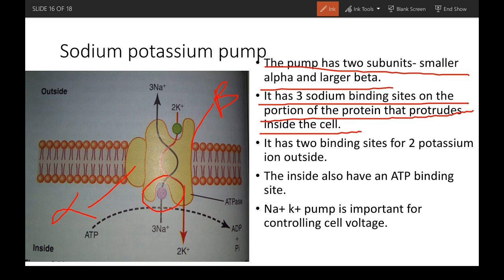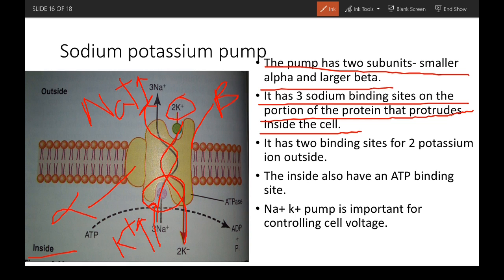Right, so this part has the binding site for 3 sodium ions. 3 sodium ions bind on the intracellular part, the inside of the cell, while 2 potassium ions bind on the outside of the cell here, and then they are transported, thus maintaining higher potassium ion inside and higher sodium ion concentration outside.